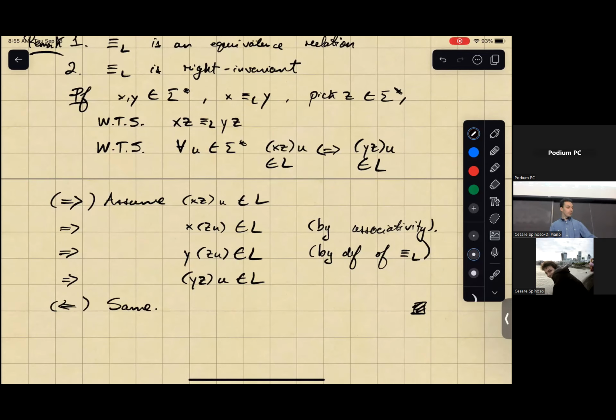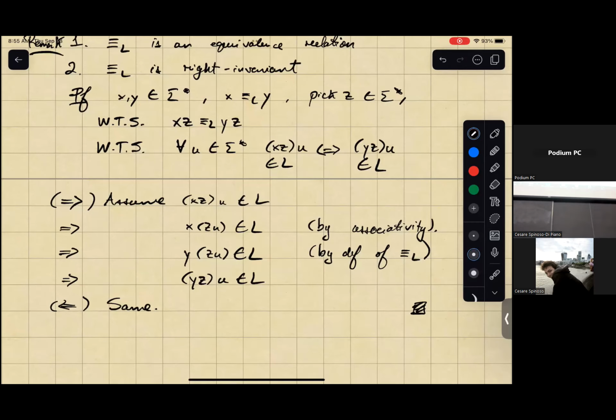Good. Excellent. All right. So now we're ready to state the Myhill-Nerode theorem. Are there any questions before we do that? Yeah. Okay, so the question was, does that mean that xz and yz don't have to arrive at the same state?